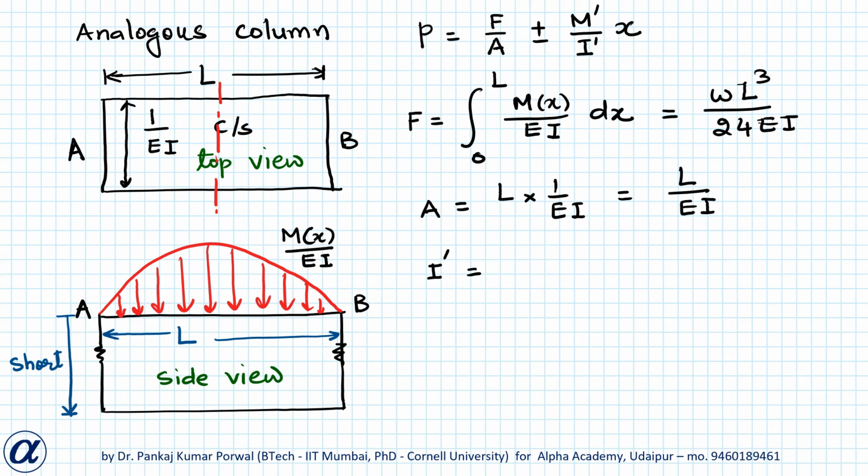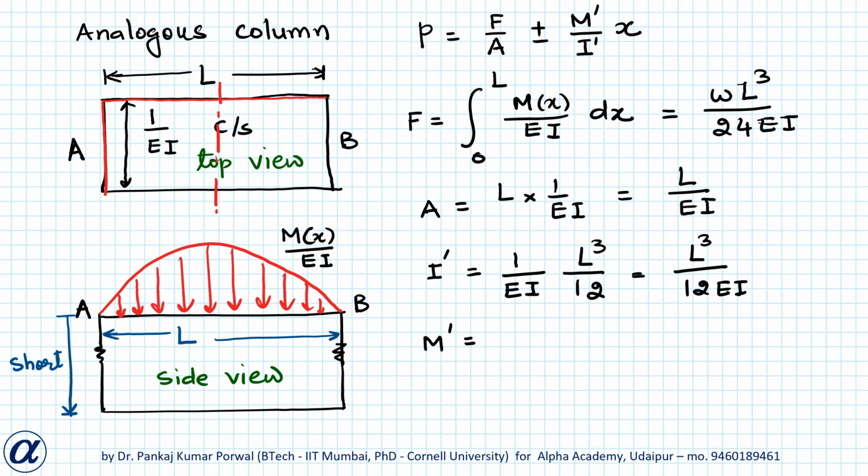I dash is the second moment of area about the centroidal axis, and that is width into depth cube by 12. Width is the dimension parallel to the centroidal axis and depth is the dimension perpendicular to the centroidal axis. So that gives me 1 upon EI into L cube divided by 12, that is L cube divided by 12 EI. And next is M dash.